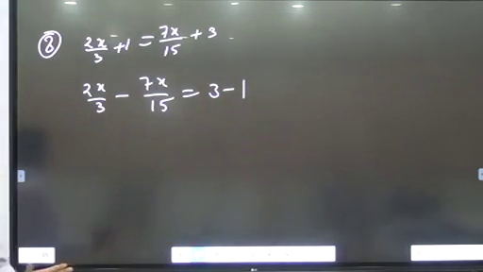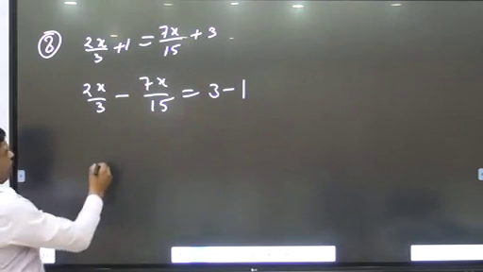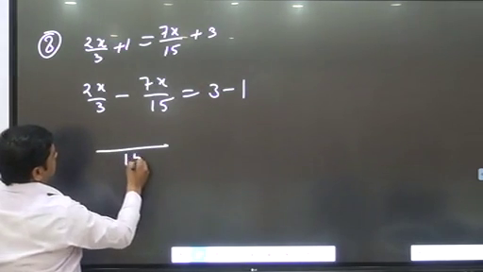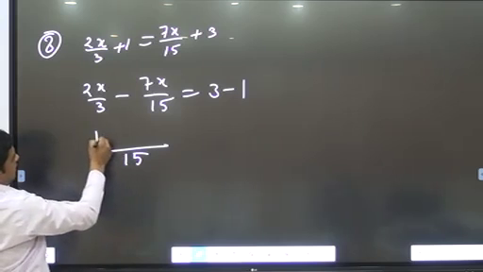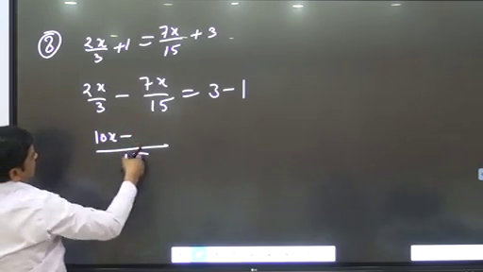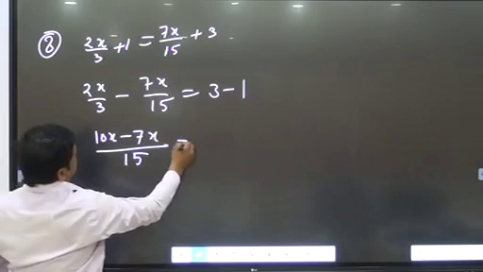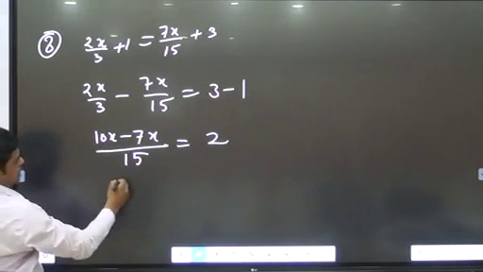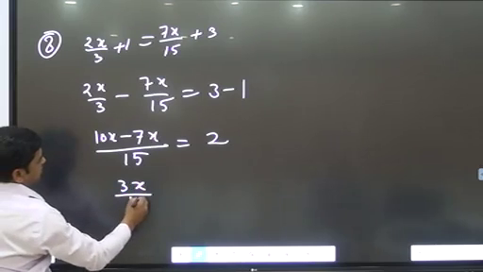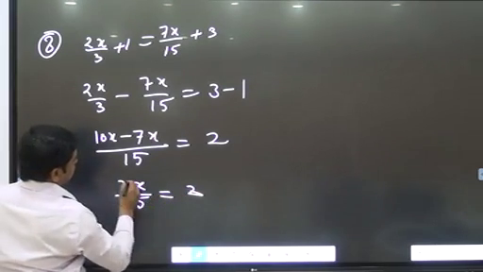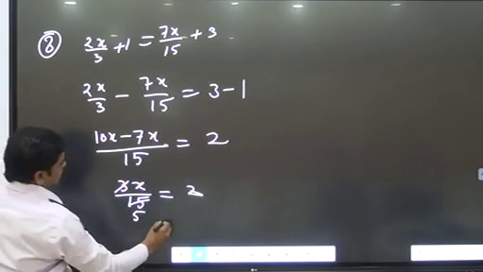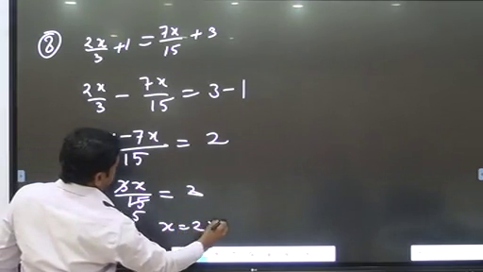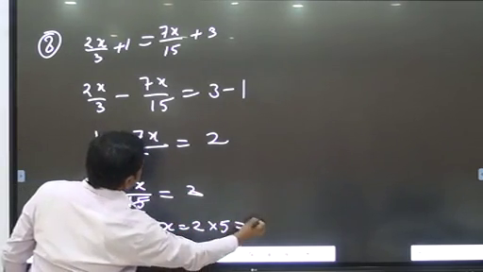So using the fraction law you can find the value of x. 15 here, 3 5s are 15, 5 here, 10x minus 7x is equal to 2. 3 minus 1 is equal to 2. So here 10 minus 7, 3x upon 15 is equal to 2. 3 5s are 15, so x is equal to 2 into 5, which is 10.